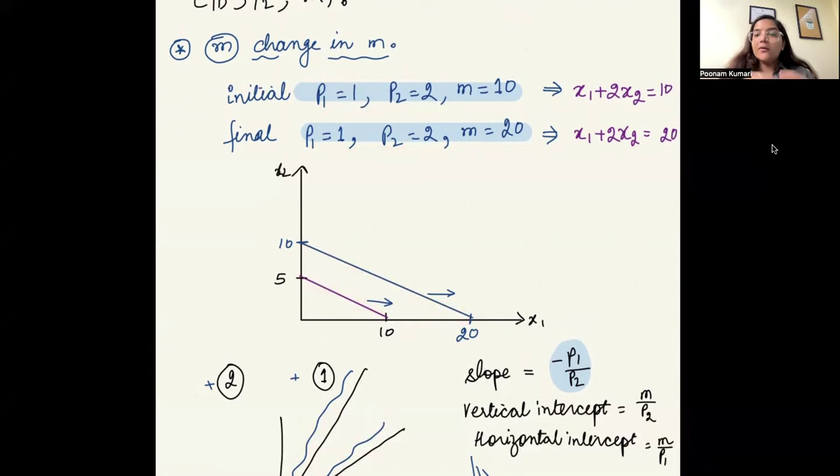If slope is the same, what does that mean? Lines are parallel. Slope is the same means either the lines merge onto each other, that is, they are completely overlapping, or they are parallel. Sorry for that word. Lines are parallel.